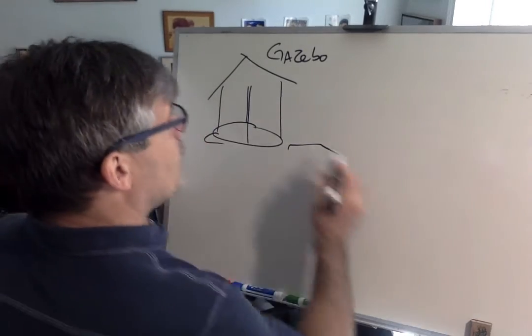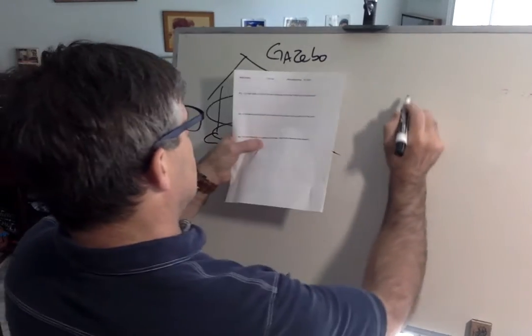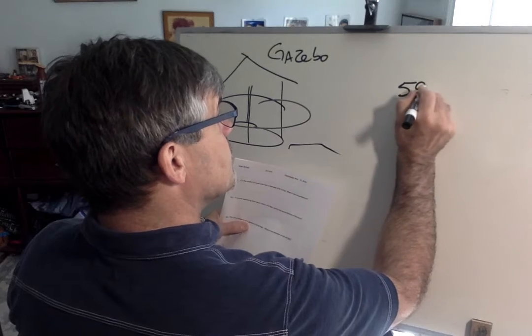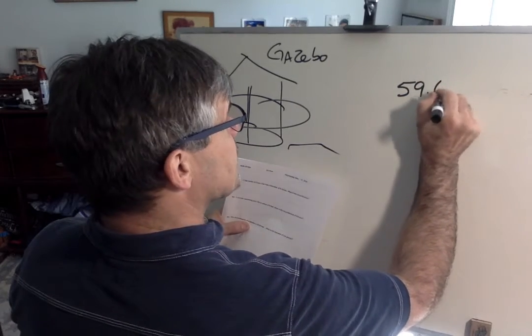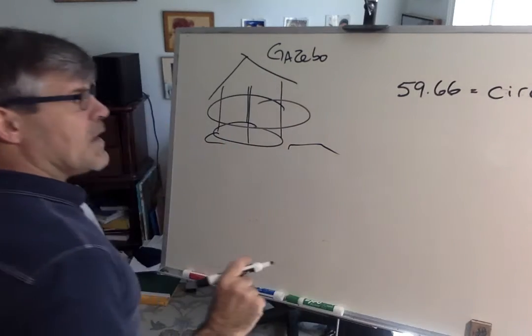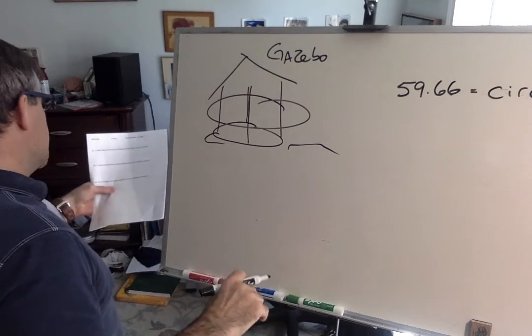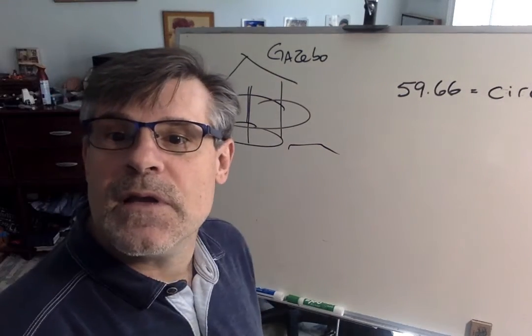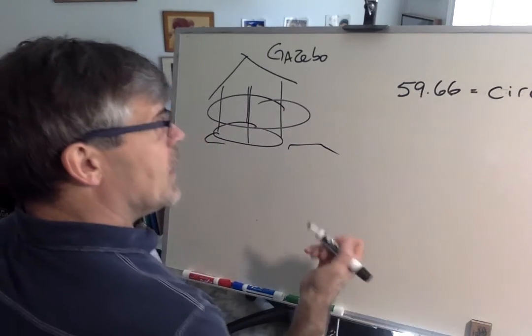So the circumference, all the way around the gazebo, is 59.66, and that equals the circumference. I'll just say circ right there. So my question is, what's the diameter of this?